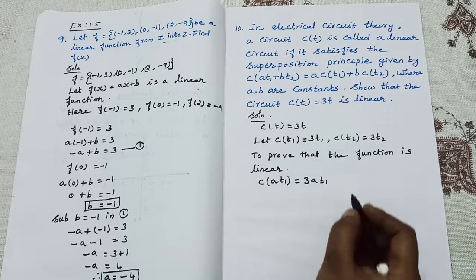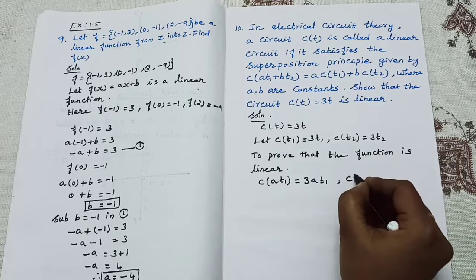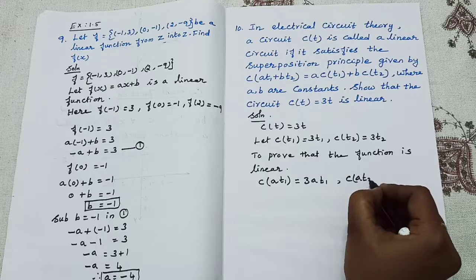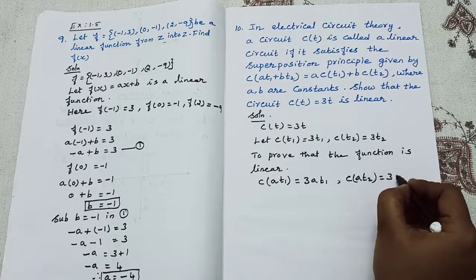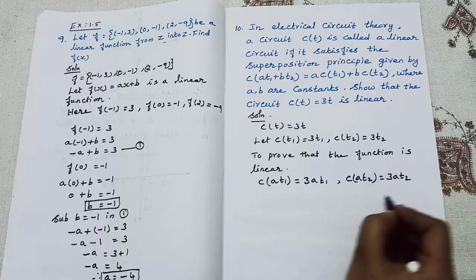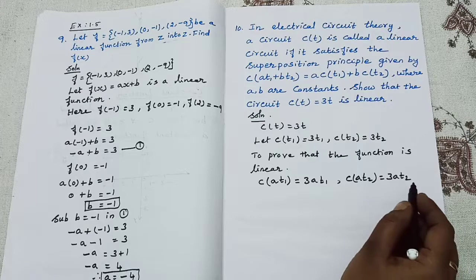Shall we write like this? Then next one, C of A T2 means 3A T2. Okay, C of A T2 is equal to 3A T2.